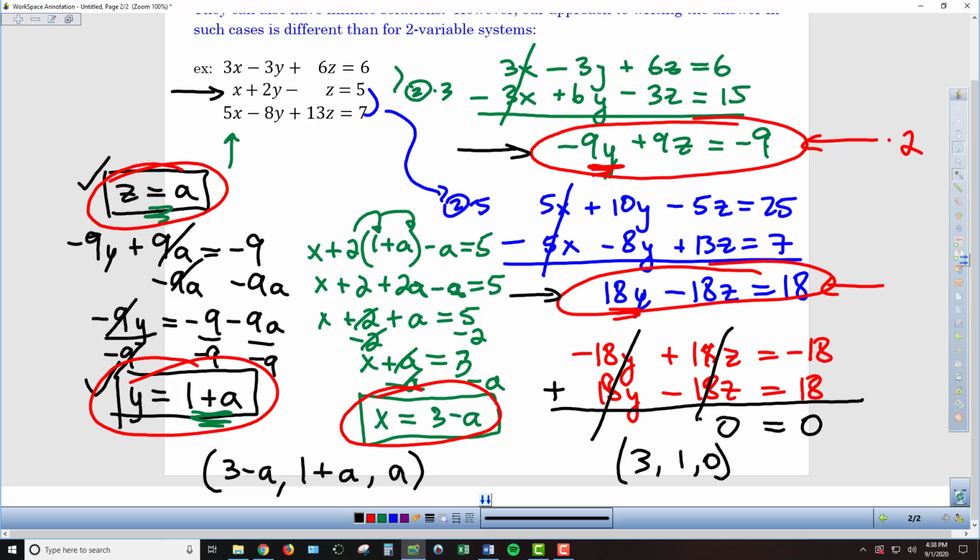I could plug in 1 for a. That would mean that 2, 2, 1 would work in all three of those equations. So I can plug in any number I want for a, and that will tell me what an ordered triple that works in each of these equations.